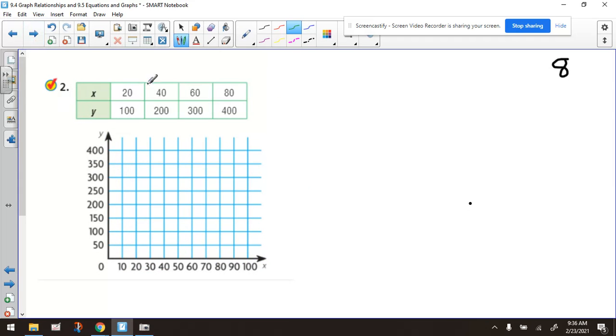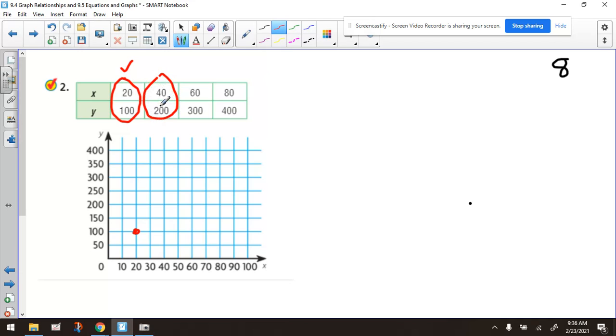All right, so this time again, we were presented with another horizontal presentation of the t-table, and we're presented with a coordinate plane, just quadrant 1 of a coordinate plane. So we'll go ahead and start plotting. The x is 20 and the y is 100, so we're going to go over 20 and up 100. So that would be right here. Make a big old dot. All right, so this ordered pair is done. Let's do the next ordered pair.